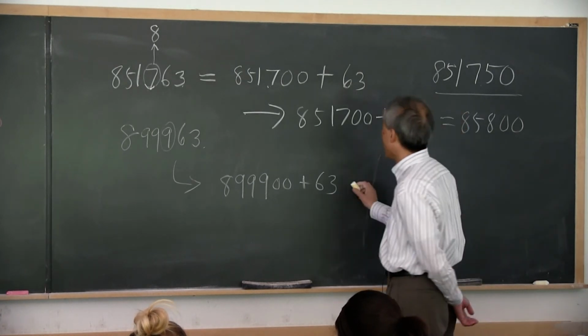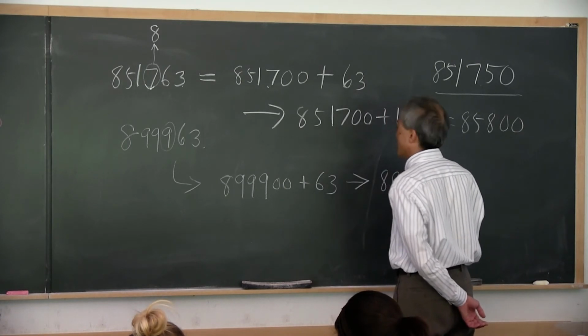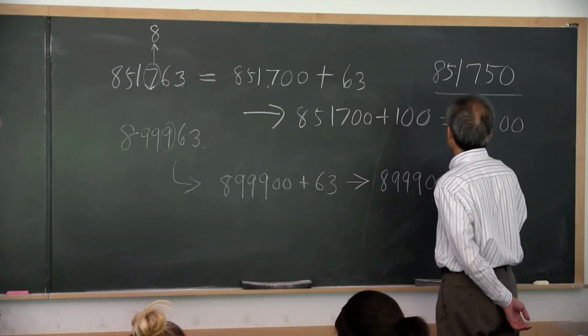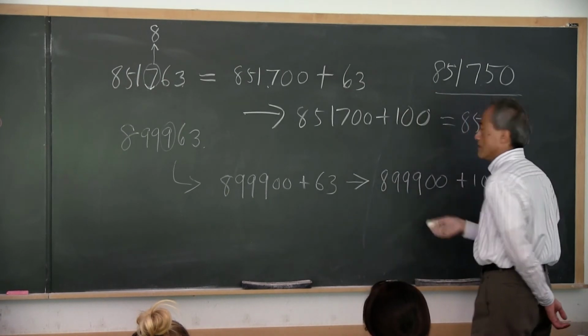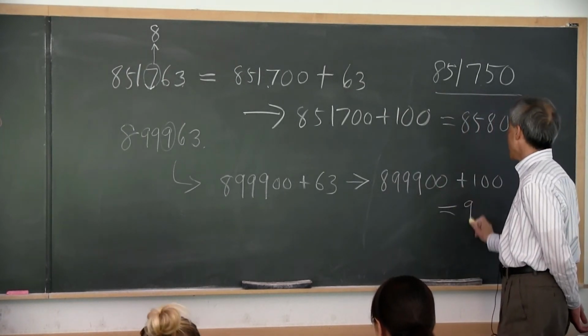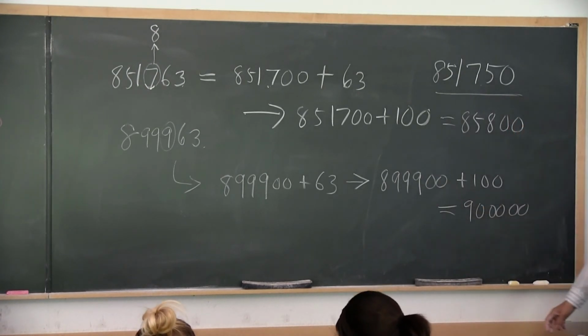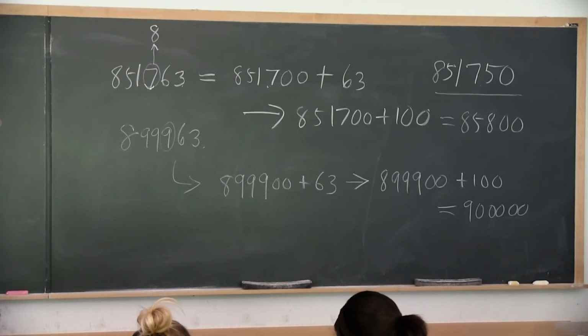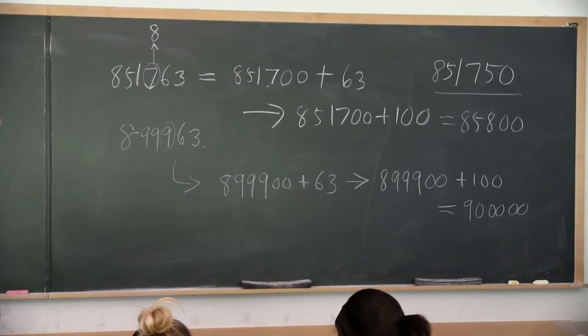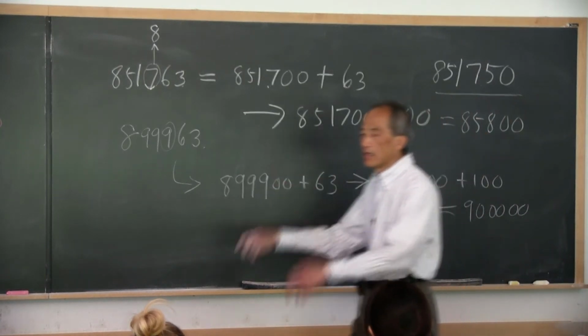So therefore, you round it to 89900 plus 100. It's very clear, right? That becomes 9. Then you avoid the linguistic awkwardness of what to say.